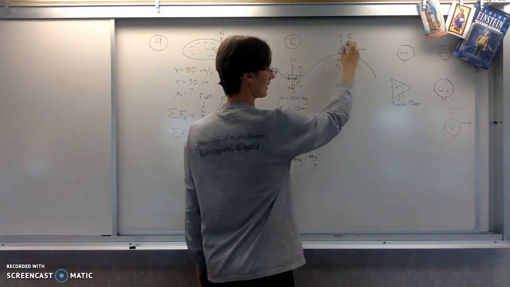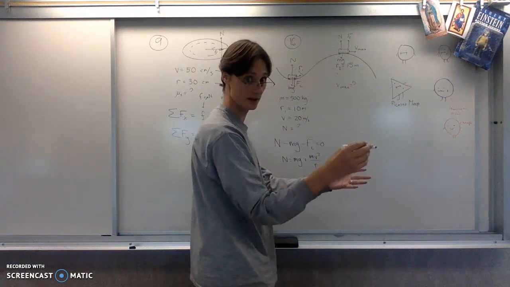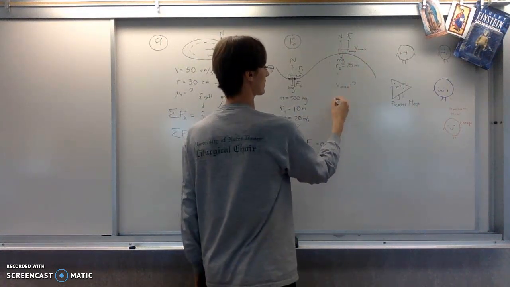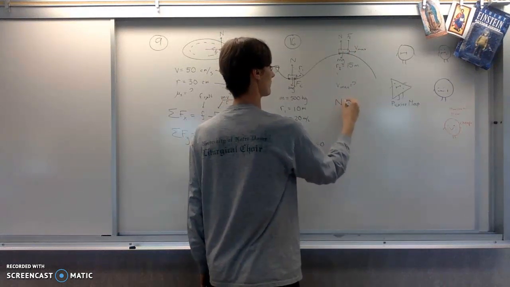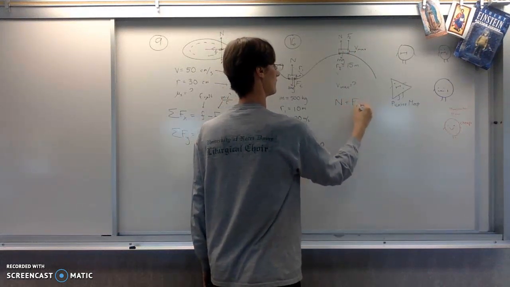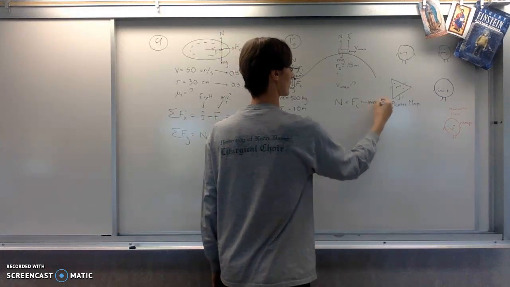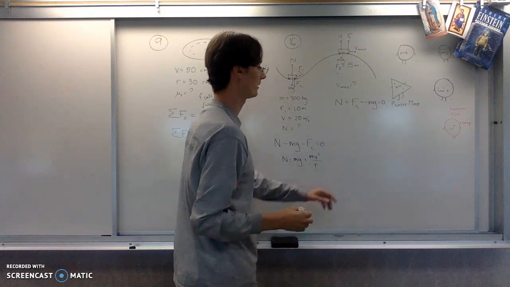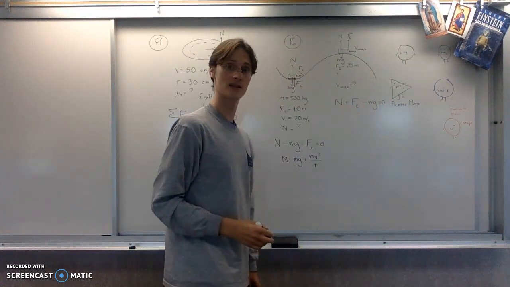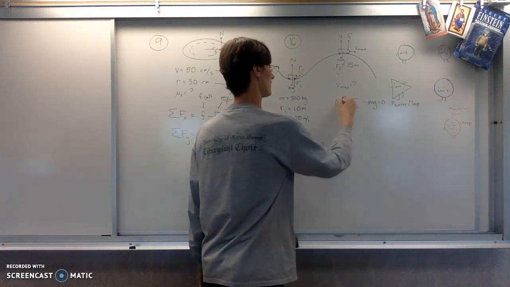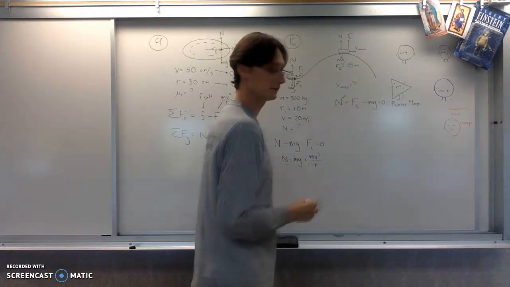All right, so if we weren't told that it was the maximum speed, then what we would say is, for the vertical forces, N plus Fc minus mg equals 0. But since we're going at the maximum speed, the normal force is 0.